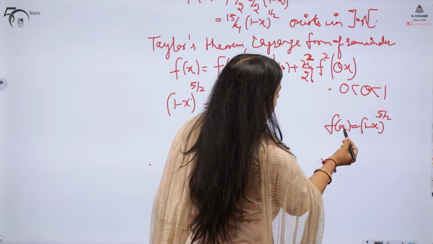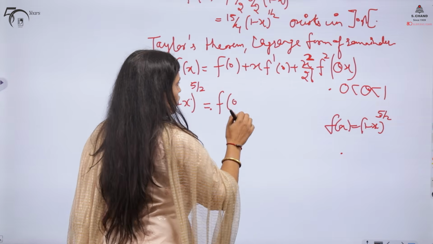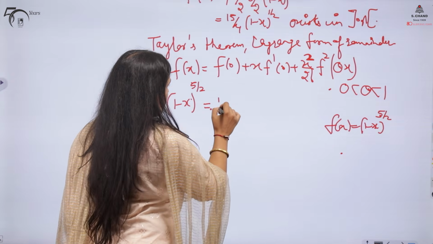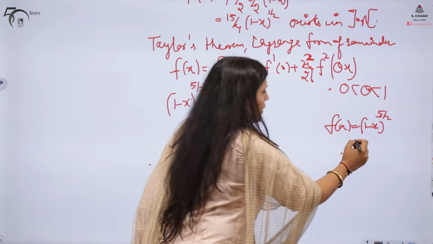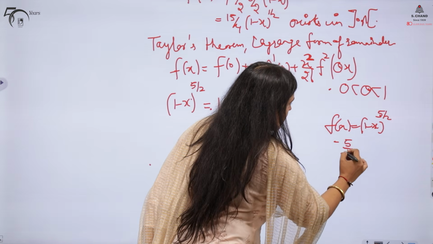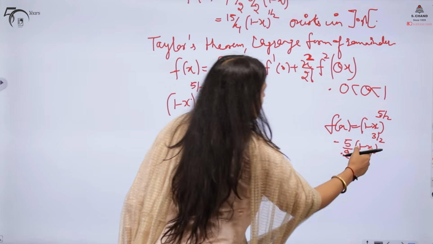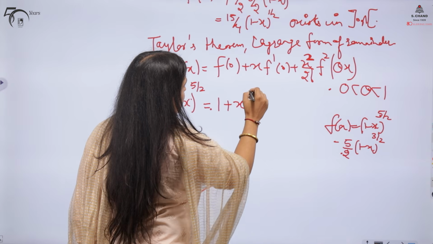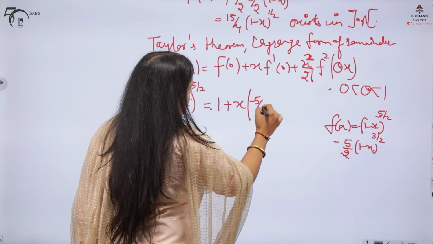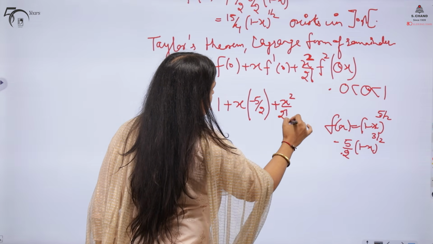What will be f(0)? x is 0, so f(0) is simply 1, plus x, f dash was how much? It was minus 5 by 2, (1 minus x) to the power 3 by 2. When you substitute 0 here, your f dash(0) will be minus 5 by 2, plus x square by 2 factorial.